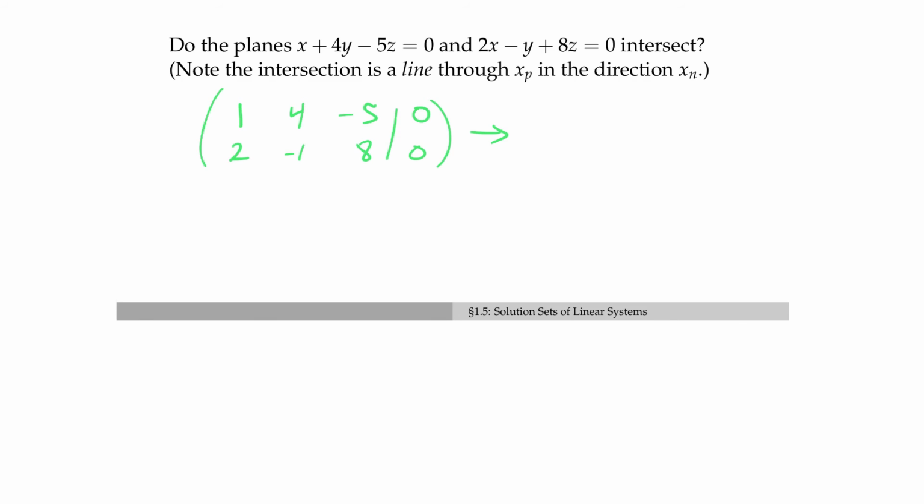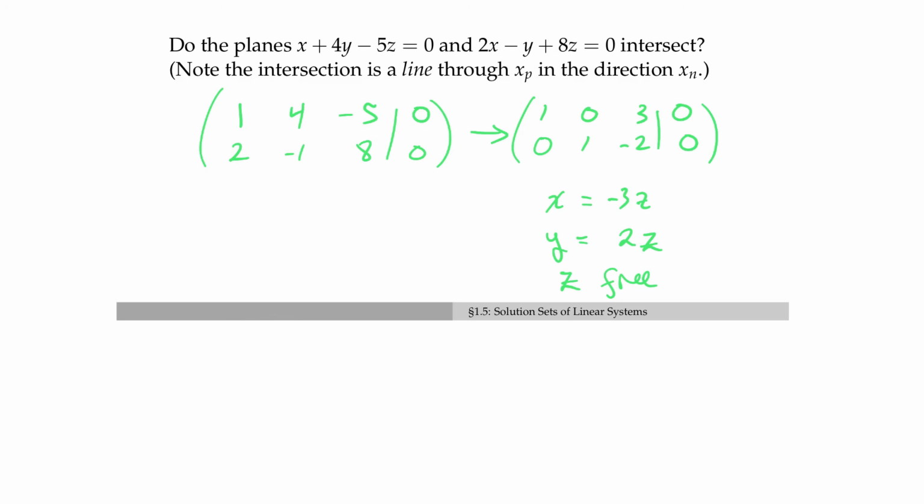The reduced echelon form of this is 1, 0, 3, 0, 0, 1, -2, 0. When I convert this back into a system, I'll get x equals -3z, y equals 2z, and z is free.